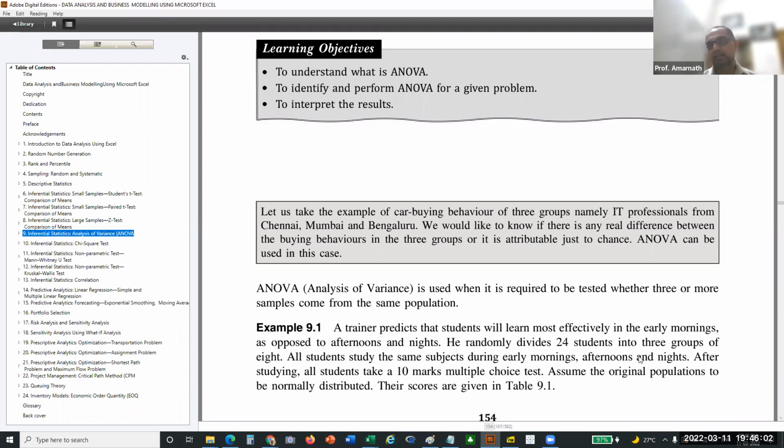ANOVA can be used here. It's some sort of marketing example with a cover of consumer behavior. People ask how exactly to measure consumer behavior, and this brings that understanding. So the car buying is very much there.